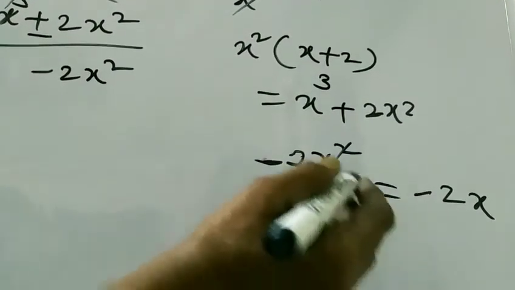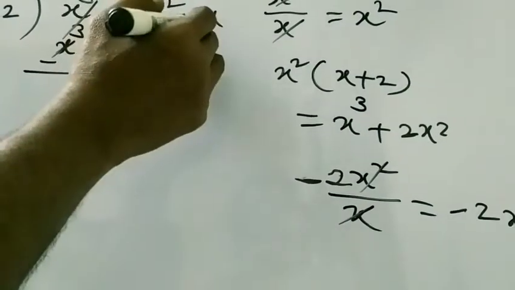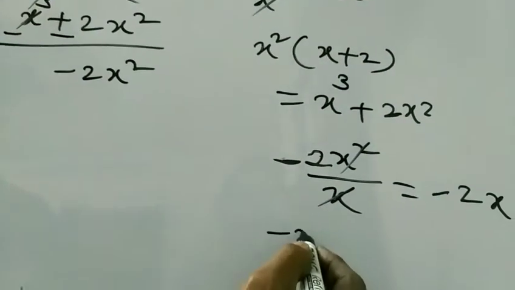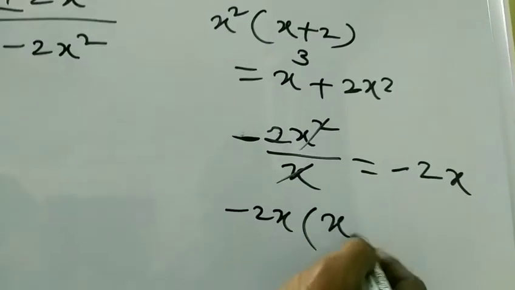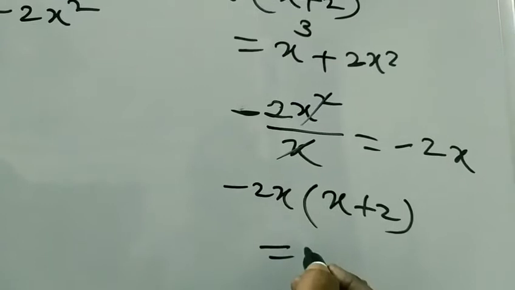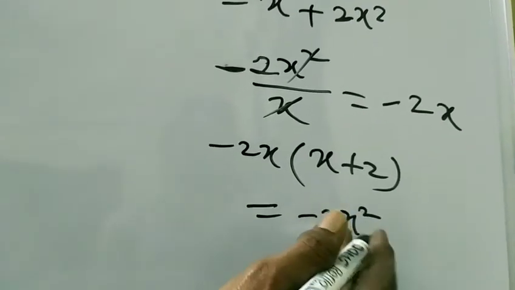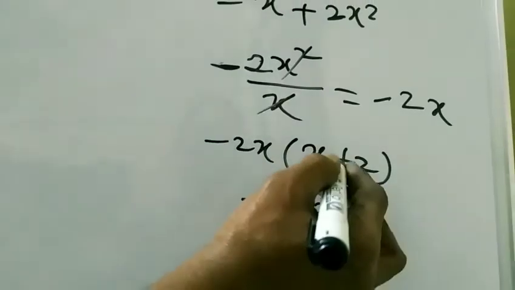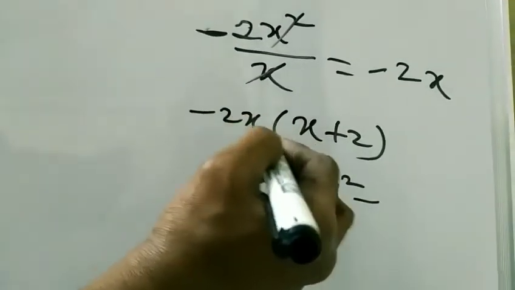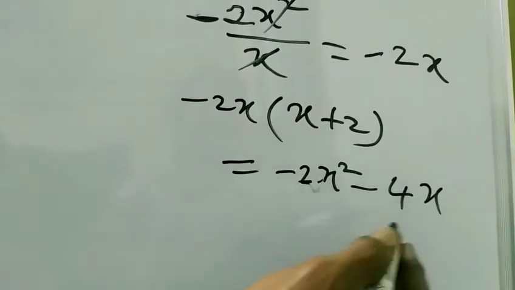Now we have to multiply x plus 2 with minus 2x. X plus 2 is equal to minus 2x into x, minus 2x square, minus into plus, minus 2 into 2, 4x.